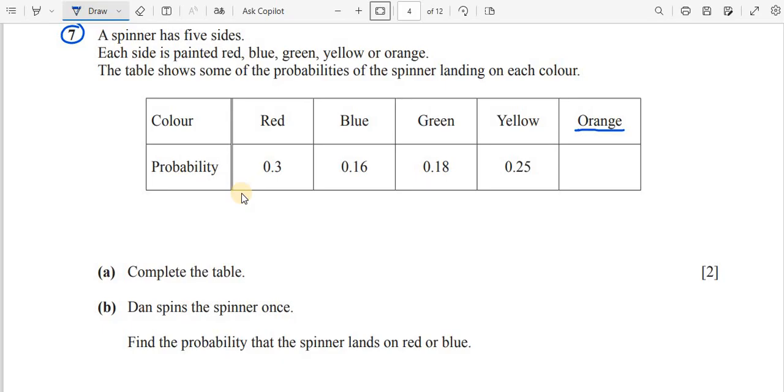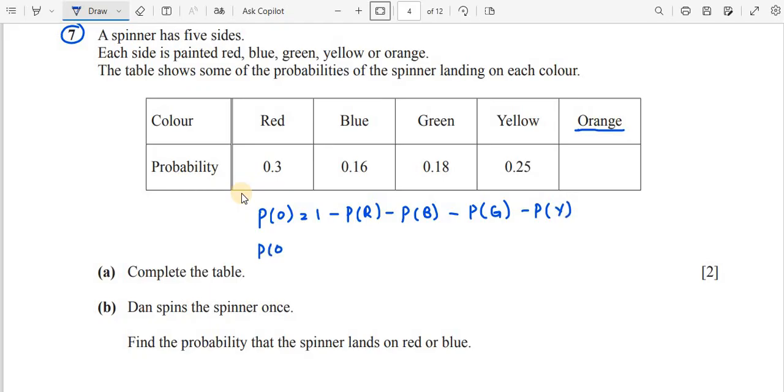To find it, we use the formula: probability of orange is equal to 1 minus the probability of red minus the probability of blue minus the probability of green minus the probability of yellow.